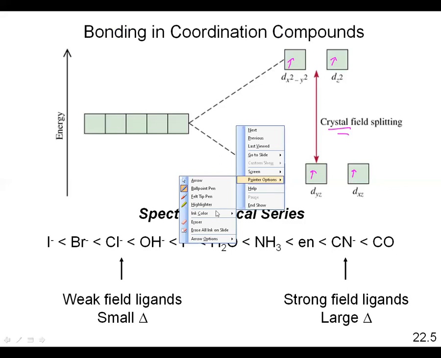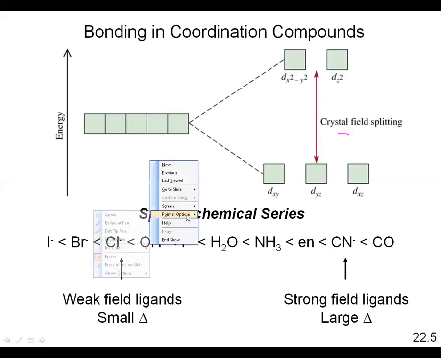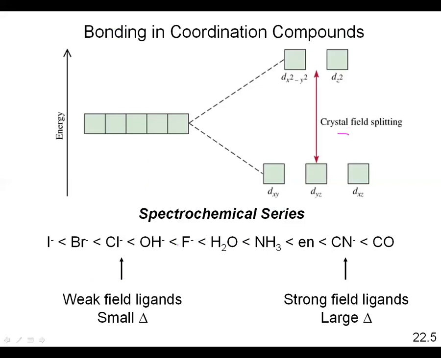Now, if you have more of a strong field, like one of those ligands on the right-hand side, that will also affect how those electrons go in. We're going to get a larger split between those d orbitals, which means the electrons will go this way.